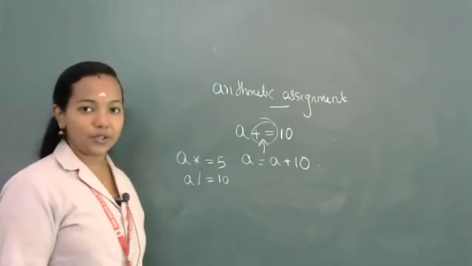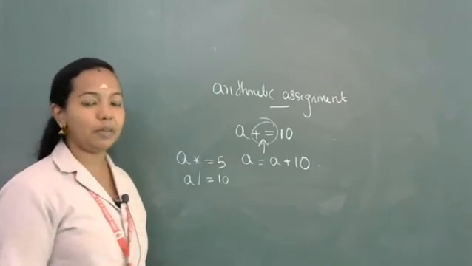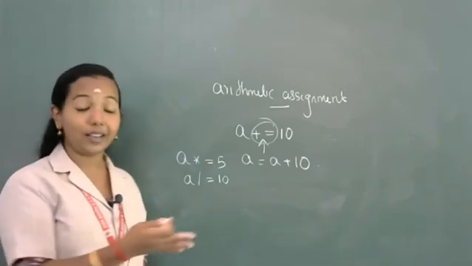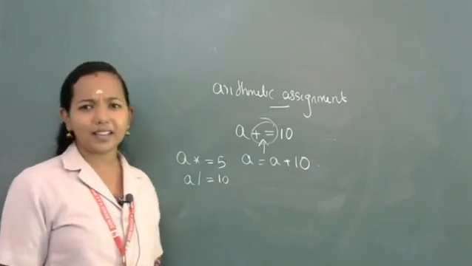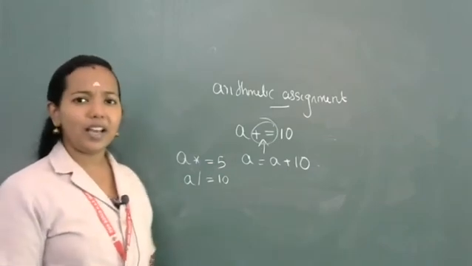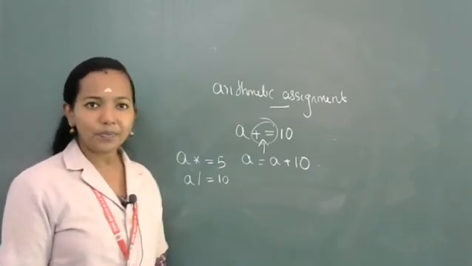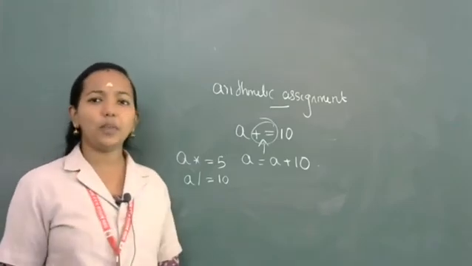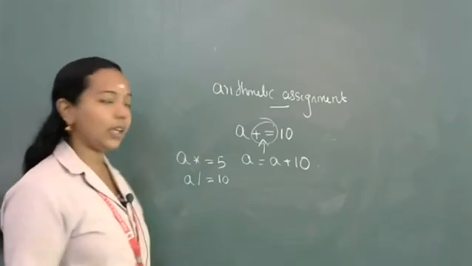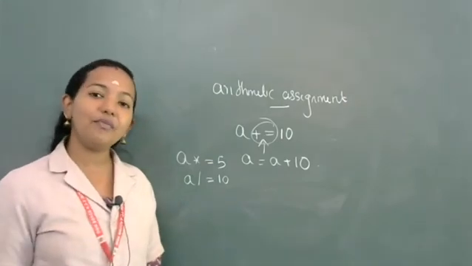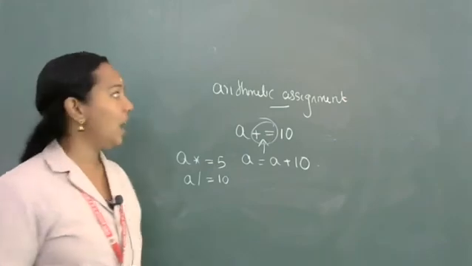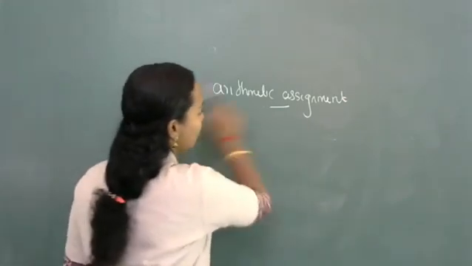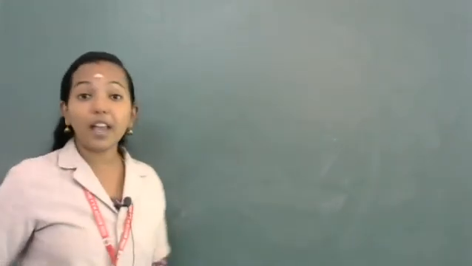Please look at your textbook, where one table is given with many examples. We are studying this in smaller classes, so it will not need much explanation. If we are multiplying the same variable, then we can use this kind of arithmetic assignment operator.